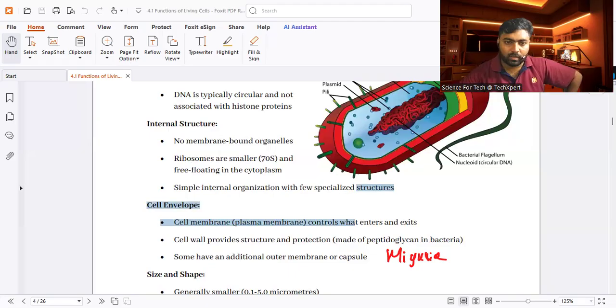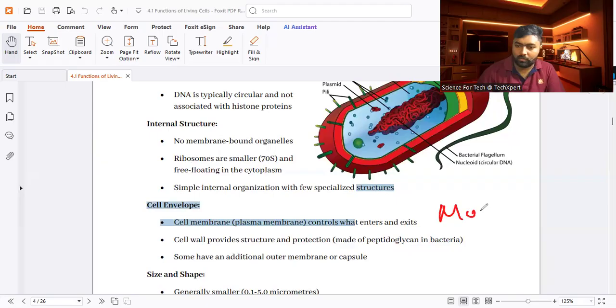Murein, M-U-R-E-I-N. Is the spelling correct?